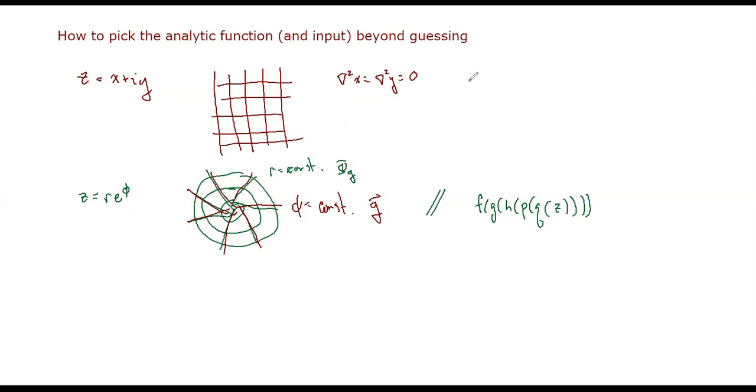So now as far as the output goes, you have two tools.